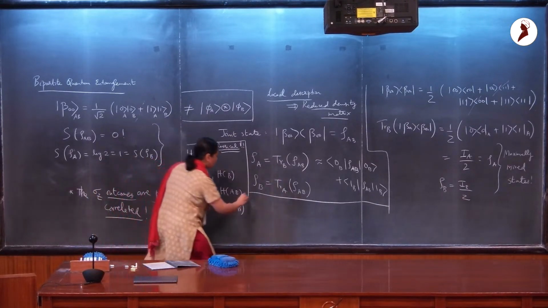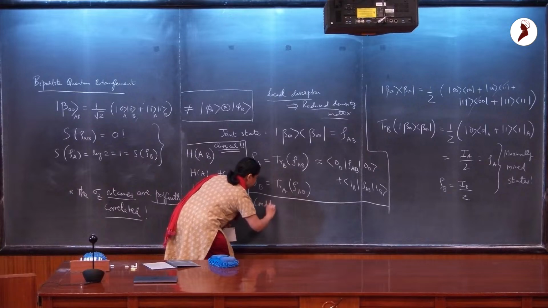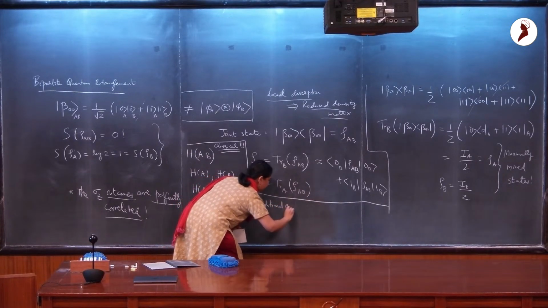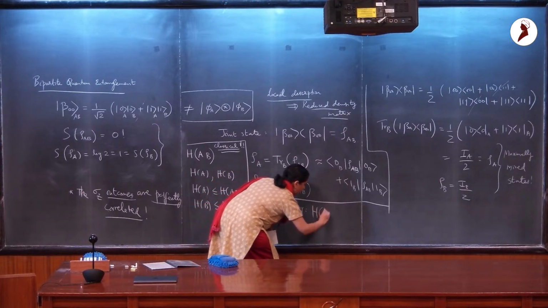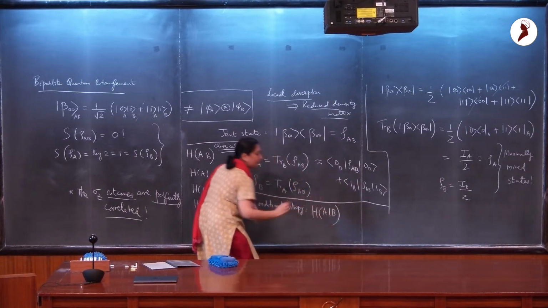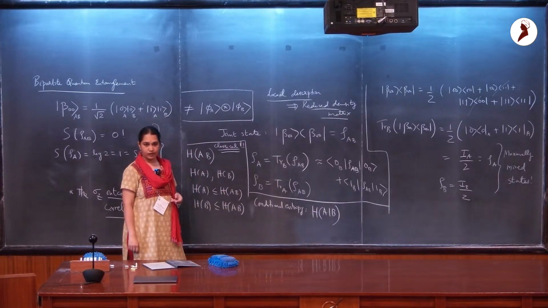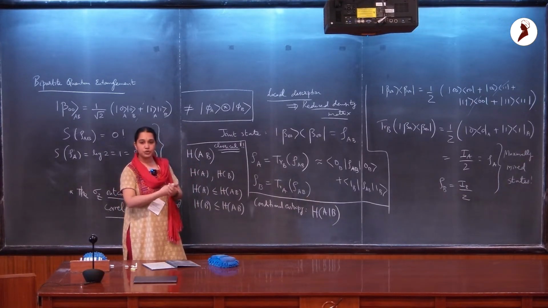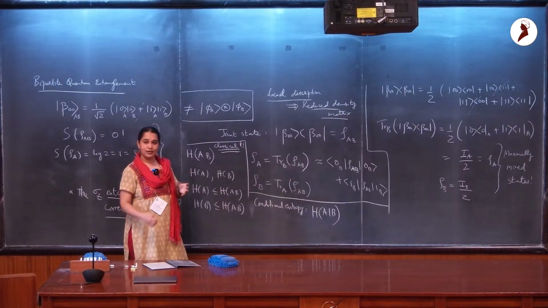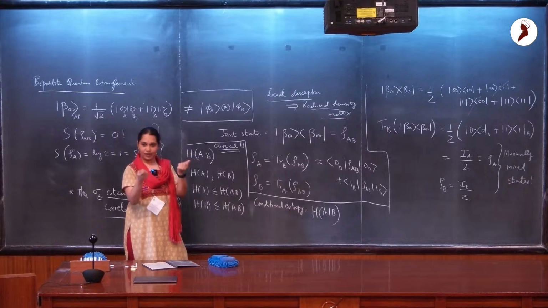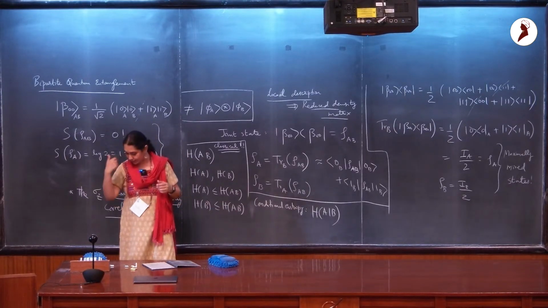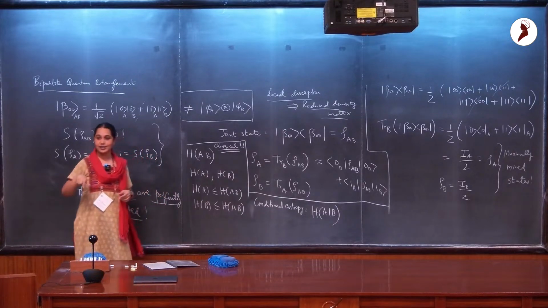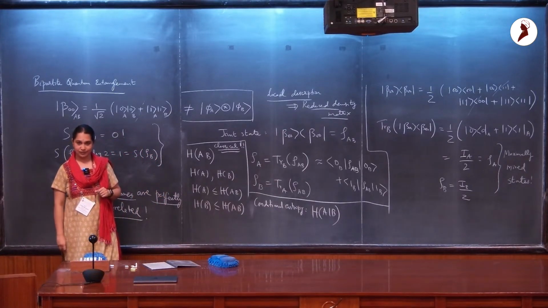So you can talk about the conditional entropy of A given B. Your intuition should tell you that you have this joint distribution, a pair of random variables, but now you have complete information about one of them. So in a sense, you have removed the uncertainty about one of these, right?